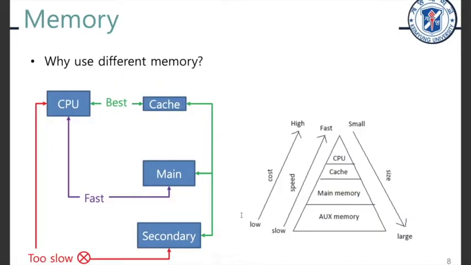Here is why we cannot use main memory for storing all of our data. As you can see from this figure, let's say you store all of the programs in the secondary storage and you want to fetch data for the CPU, because the CPU is the component that executes the instructions written by the programmer.